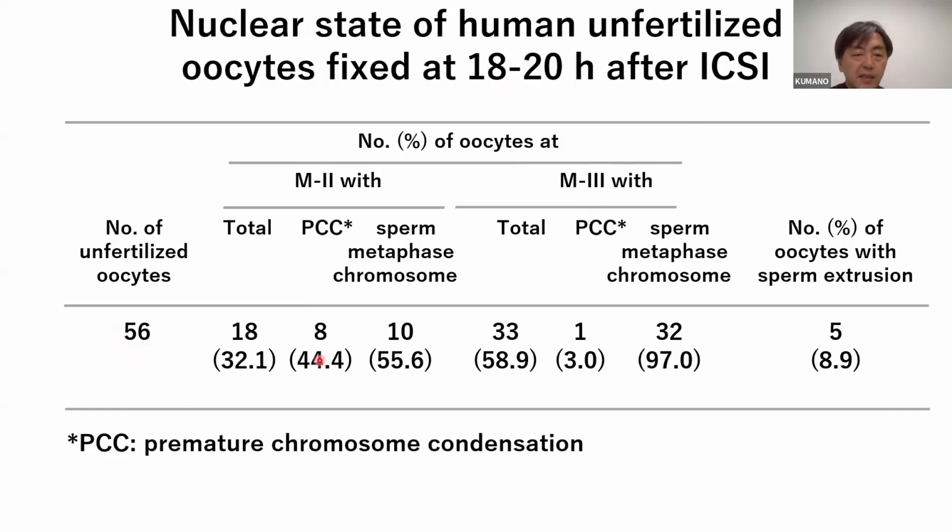As a result, out of all the unfertilized human oocytes, about 32% arrested at metaphase 2. However, about 60% of the unfertilized oocytes arrested at metaphase after second polar body extrusion. So actually, it's impossible to rescue such unfertilized oocytes arrested after second polar body extrusion.